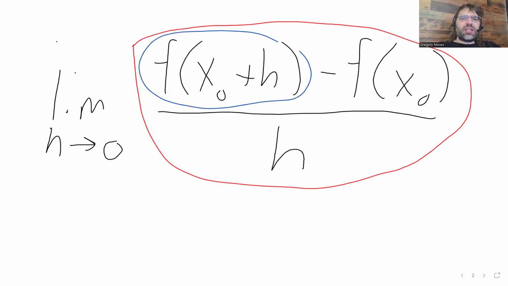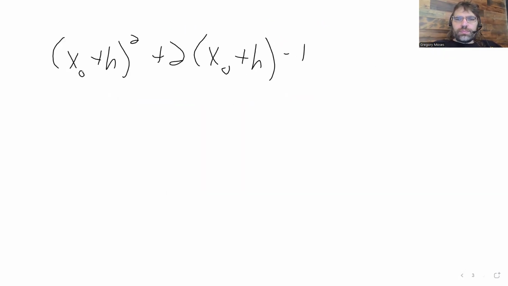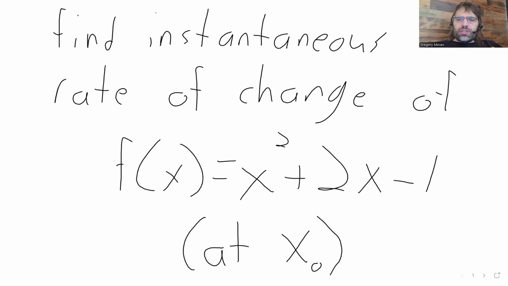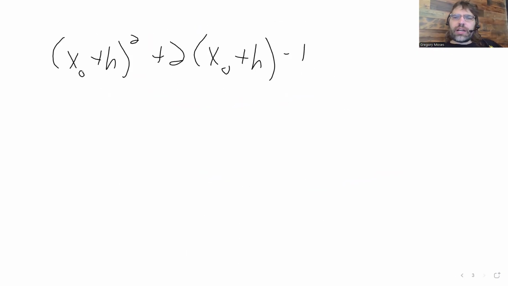That's this. Minus f of x sub 0. Was that a plus? Nope, a minus 1. That's correct. Minus f of x sub 0: x sub 0 squared plus 2 x sub 0 minus 1.